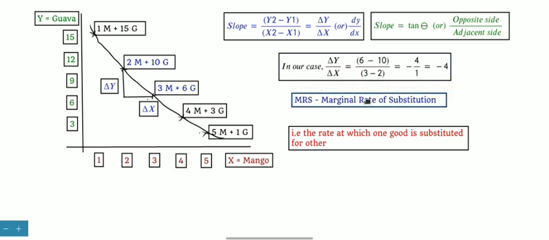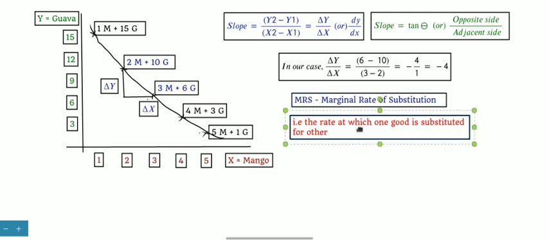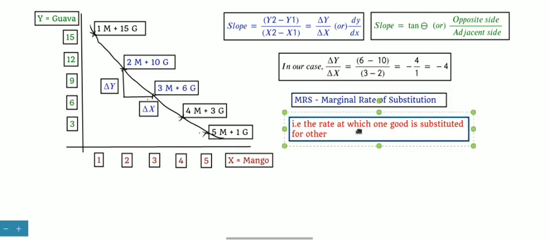So marginal rate of substitution is the rate at which one good is substituted for another. That is, mango is substituted for another. So it is the rate at which it has been substituted. So in our case, for these two combinations, it is minus 4. When we take these two combinations, it will be minus 3. So that means 3 guavas have to be foregone to get one mango.